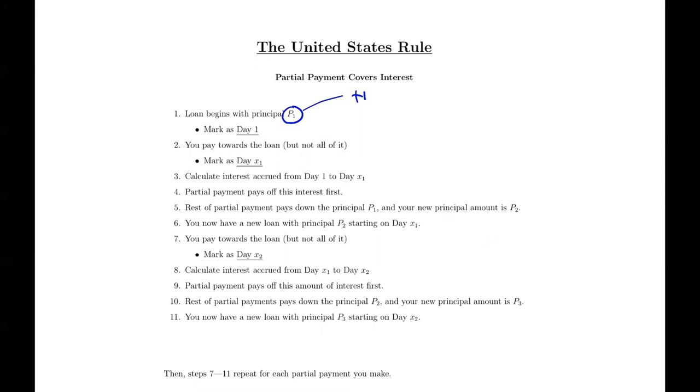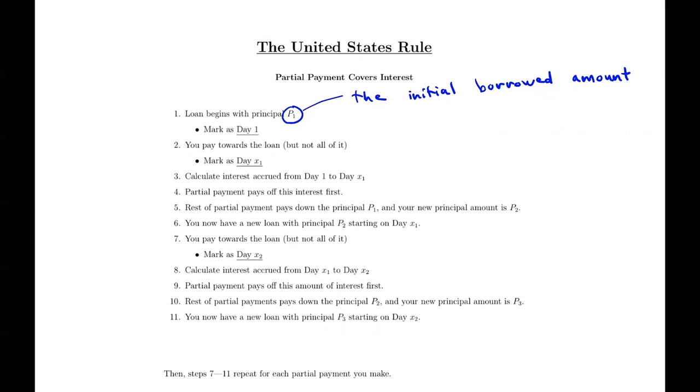This is the initial borrowed amount. So you take out a loan for $5,000 or however much, that I'm going to call P1. And then I'm going to mark the day that occurred as day one. This is the first day of the loan.